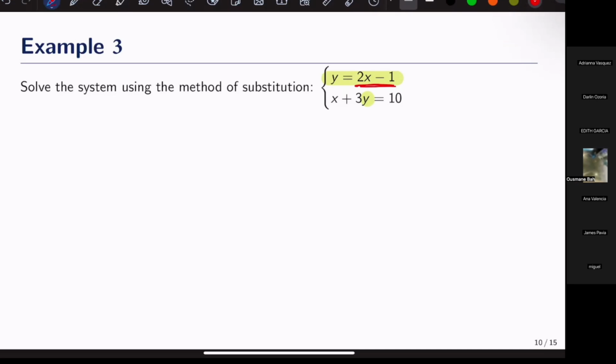And so we have x plus 3, big giant parentheses, because this is where we're fitting in our y, which is equal to 2x minus 1 from that first linear equation. And then we'll finish up the second is equal to 10.